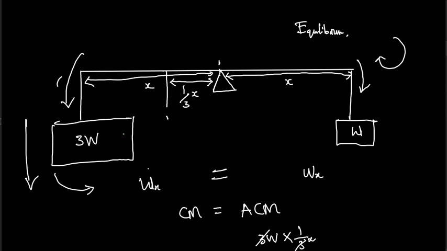So the way we balance this beam is by what? Changing the distance between the weight and the fulcrum, or changing the mass of the weight. If the weight is too heavy, we move it closer to the fulcrum in order to try to balance it with the other side.